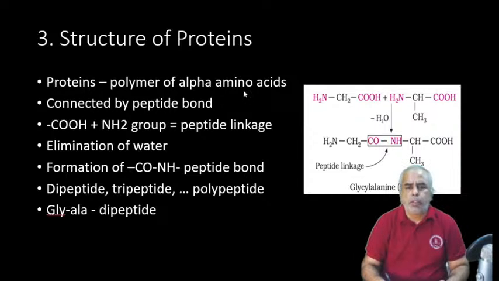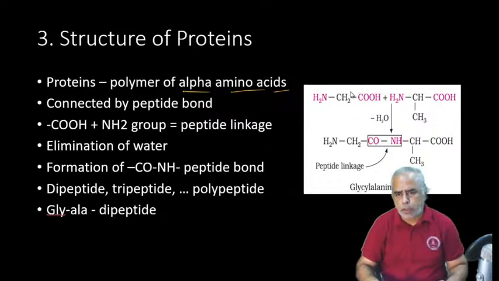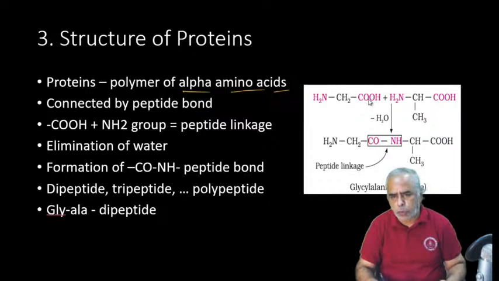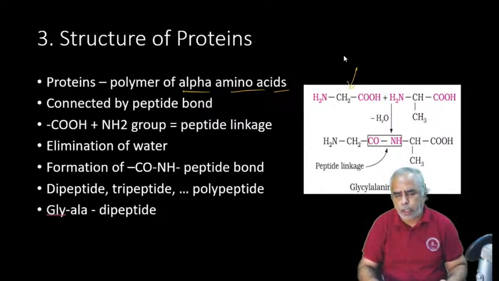Proteins, the polymer of alpha amino acids. For instance, let me consider NH2CH2COOH. This is one amino acid part, and let me consider another one. In this case, this is amino acid, that is glycine. And what about this? This is alanine, is it not?